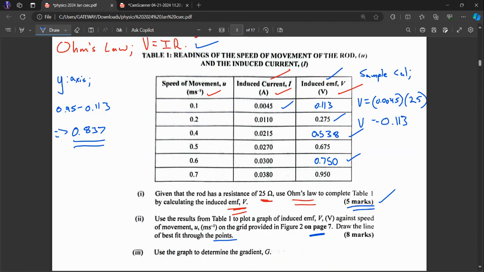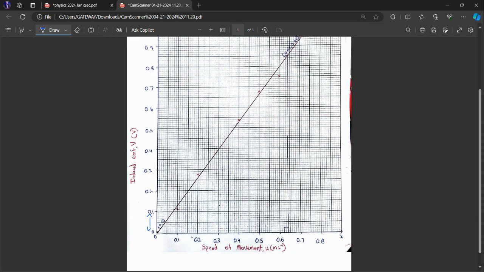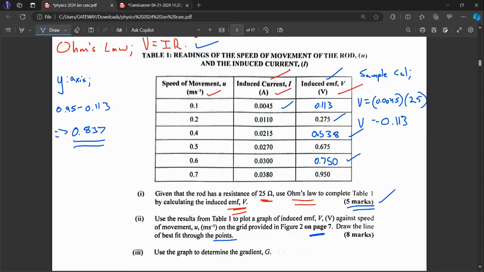Now the x-axis, you could do the same thing. You divide by the number of big squares, you have 1, 2, 3, 4, 5, 6, 7, 8. Oh, it was speed of movement, right?